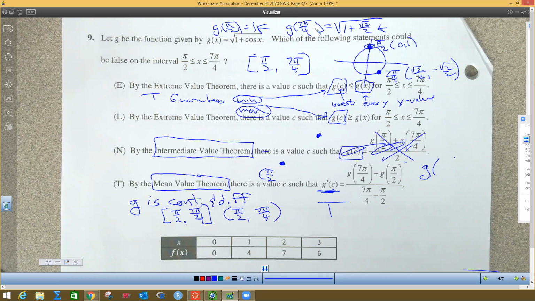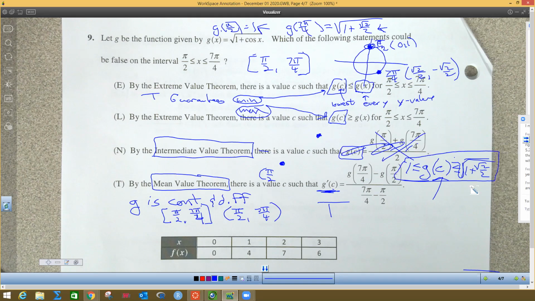If they would have said this, this is the intermediate value theorem. This is saying we are guaranteed that there is some y value between the two endpoints. You understand the difference?